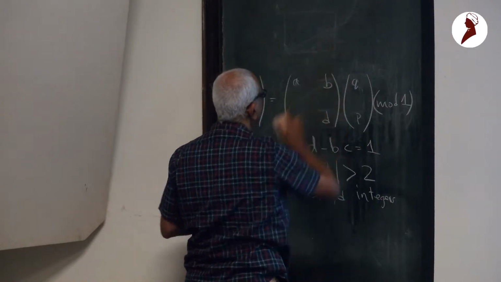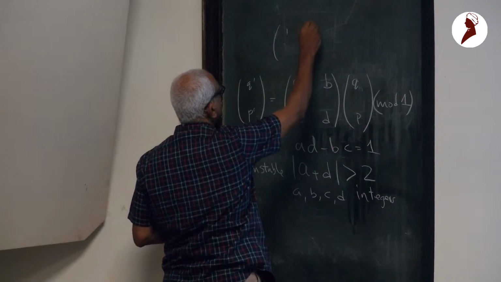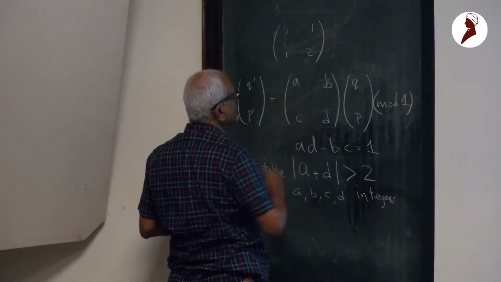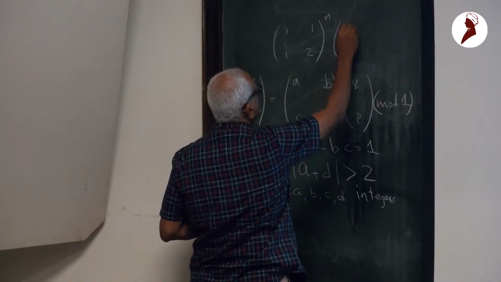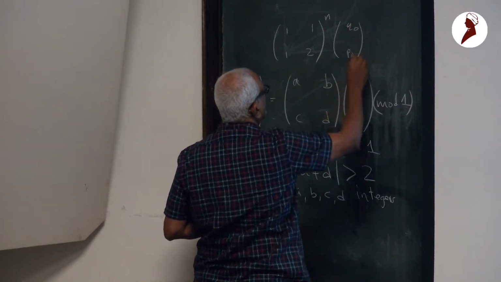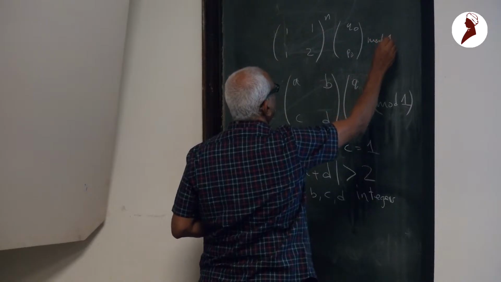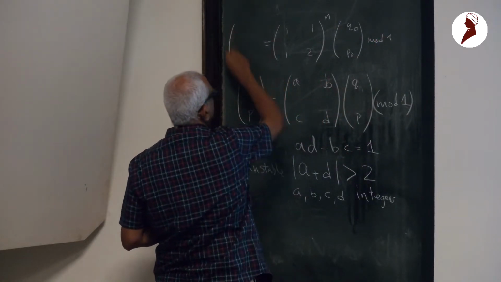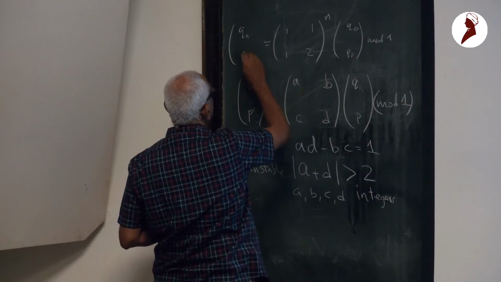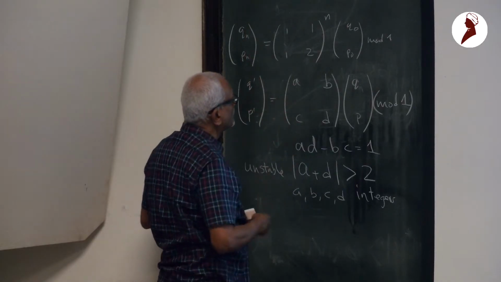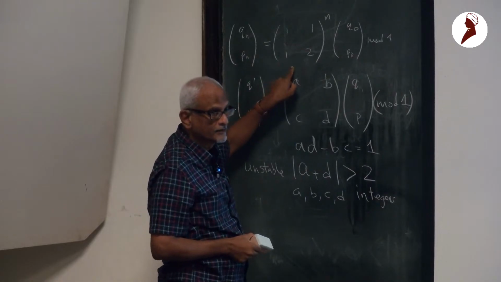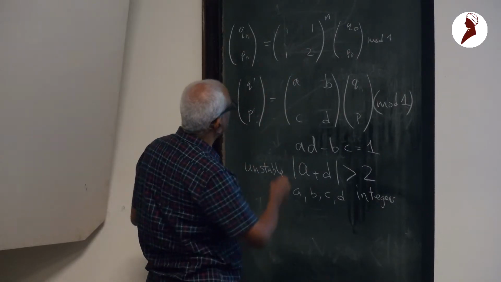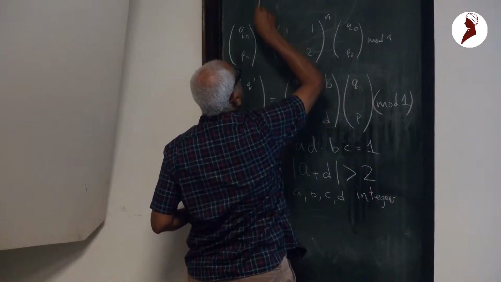So let's take the particular case of the Arnold cat map, 1, 1, 1, 2. This to the power of any time n, acting on Q0, P0, modulo 1 is Qn, Pn. But because these are integers, it leaves a rational grid invariant.